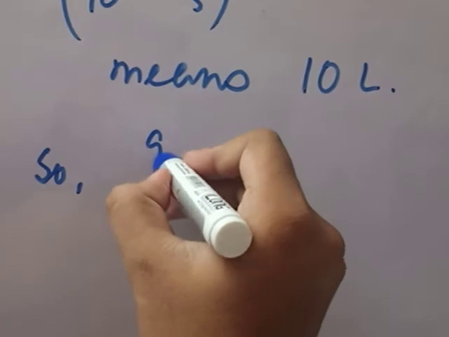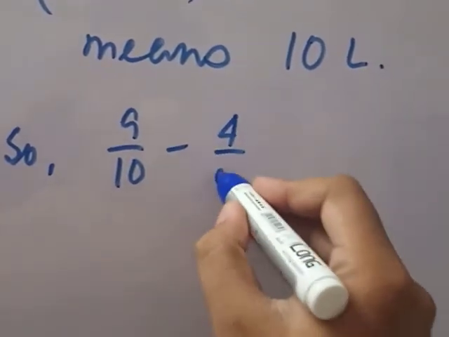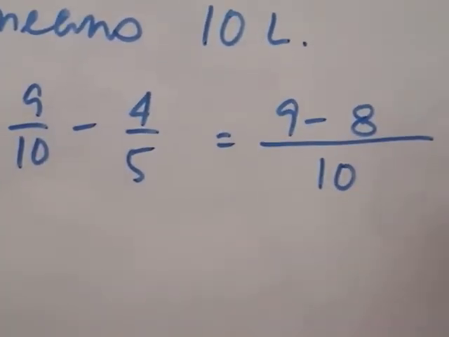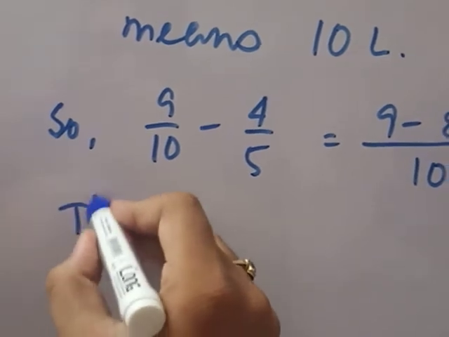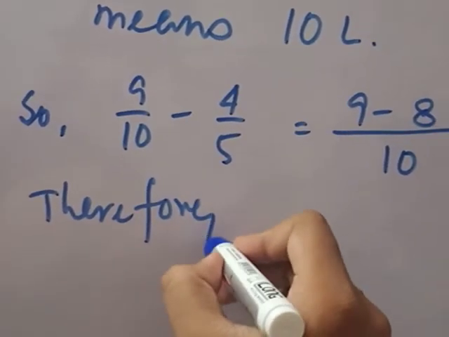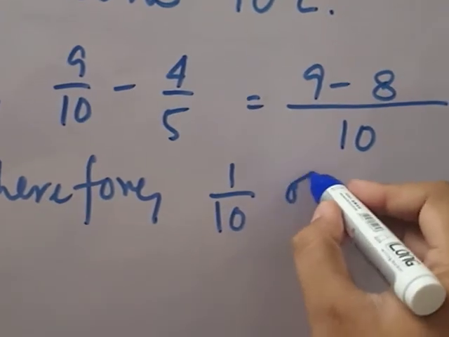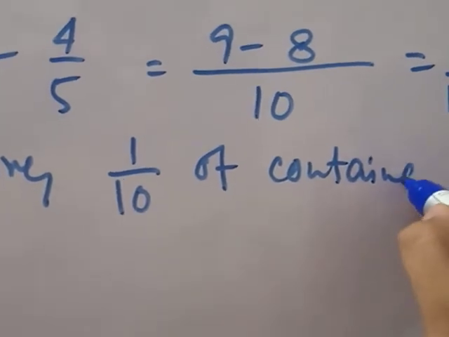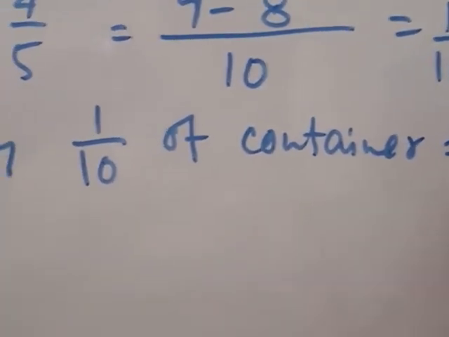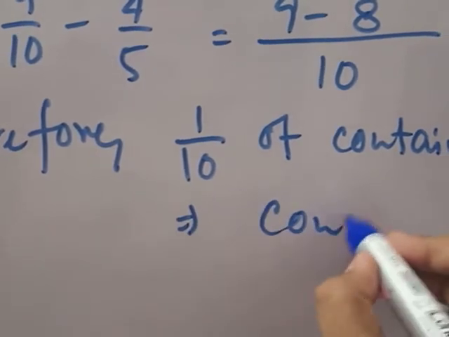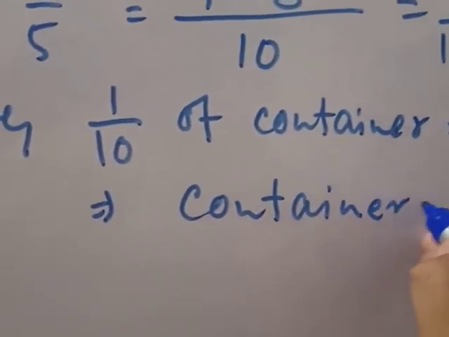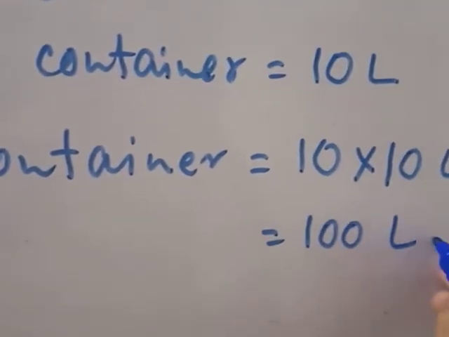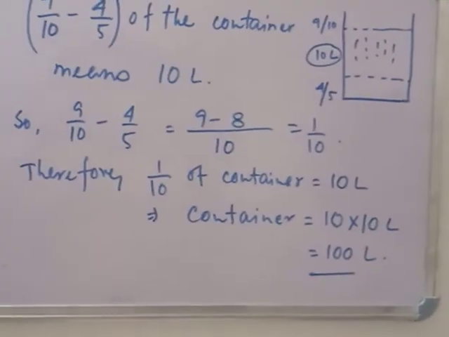So if we calculate 9 by 10 minus 4 by 5, the LCM is 10 and this is 9 minus 8, this is 1 by 10. Therefore 1 by 10 of the container equals 10 liters. That means the container contains 100 liters. Okay.